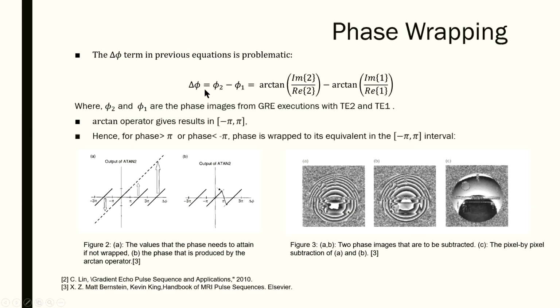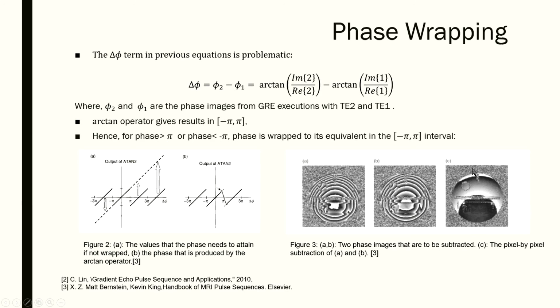The arctangent operator gives results in the interval between minus pi and pi. If the phase goes beyond pi or beneath minus pi, the phase is wrapped to the equivalent inside this interval. Here you can see the actual phase and the wrapped phase, and here you can see sample images of the phase data.